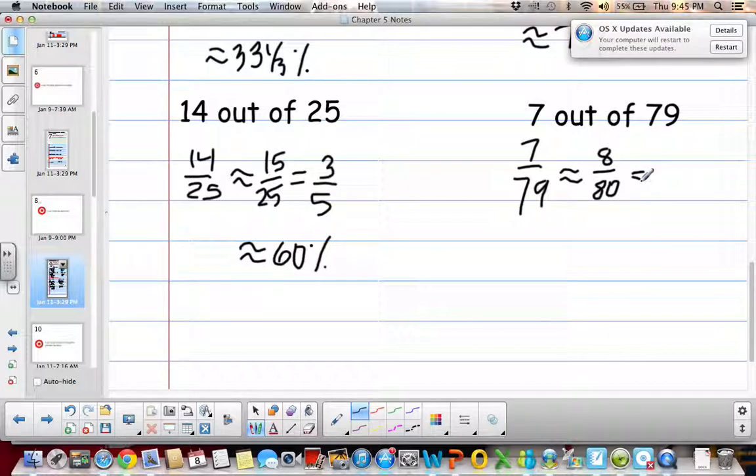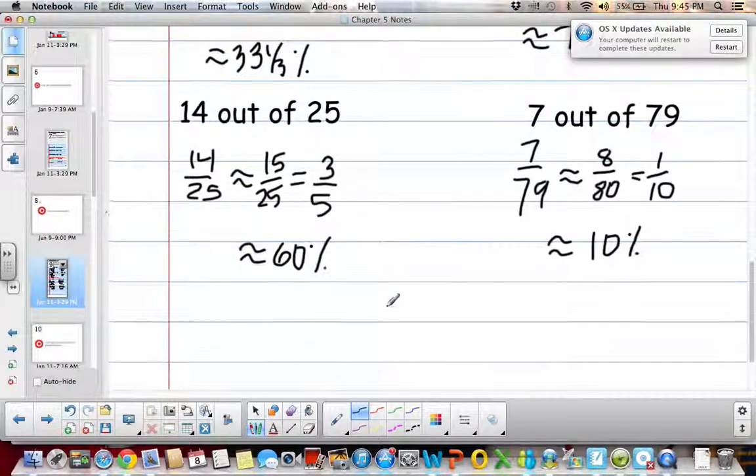And 8/80ths can be simplified: 8 divided by 8 would be 1, and 80 divided by 8 is 10. 1/10, as you can look on your table, is 10%. So 7 out of 79 is approximately 10% because it's really close to 8 out of 80.